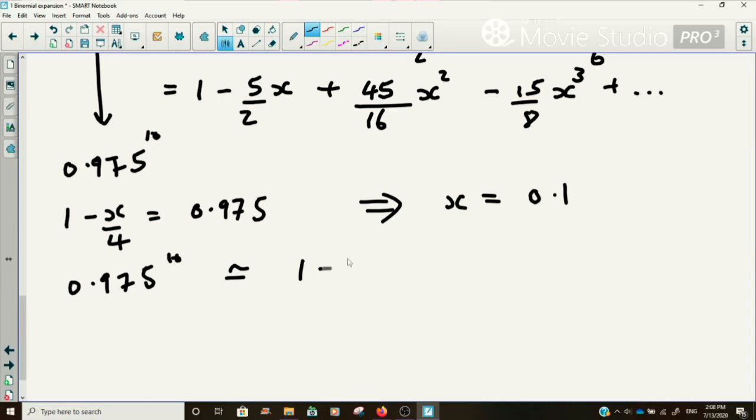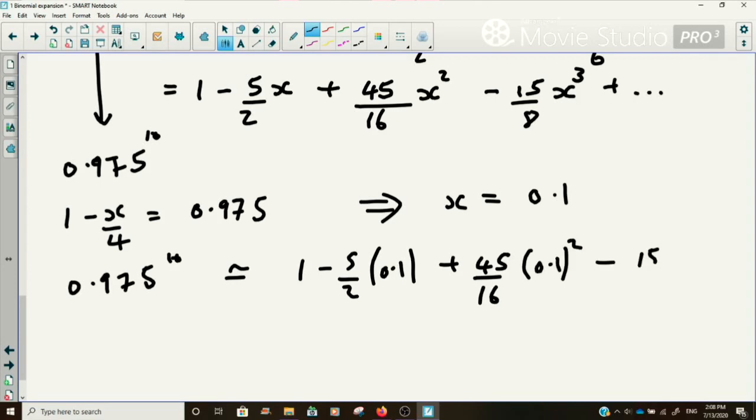So 1 minus 5 over 2 times 0.1, 45 over 16 times 0.1 squared, and then minus 15 over 8 times 0.1 cubed, and so on. Right, so that is actually equal to 0.77625.